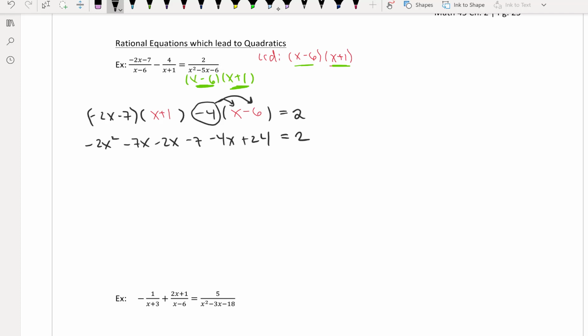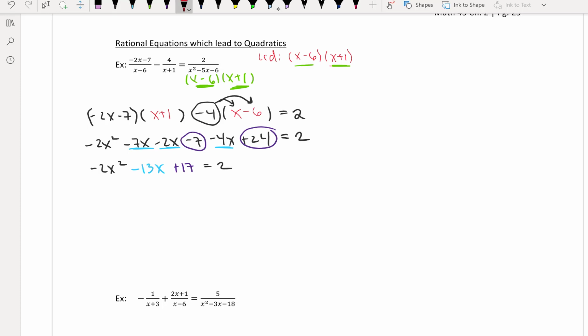Now rearranging this, I'm going to have a negative 2x squared, and I have a negative 7x, a negative 2x, and a negative 4x. So all of that combined gives me a negative 13x. And I also have a negative 7 and a positive 24. So that's going to give me a positive 17. And that's equal to 2.